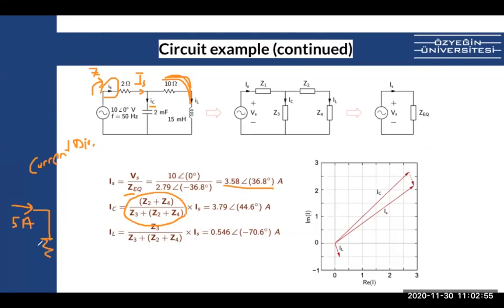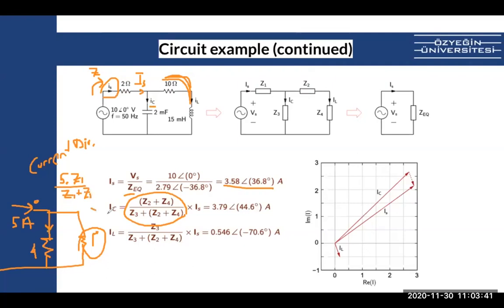Let's say the resistance here is 4, and the resistance here is 1. So the current here will be this total current times this resistance divided by the sum of the resistances. So 5 times Z1, I'm just writing in terms of impedance, divided by Z1 plus Z2. So that's what it's doing here in the current division.